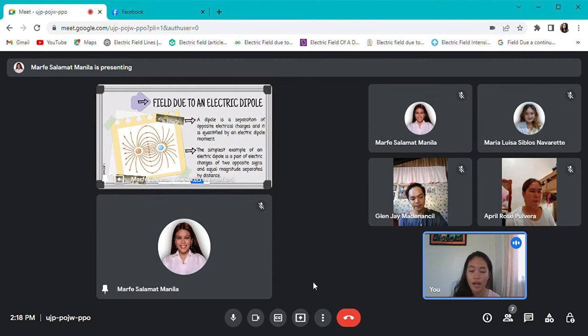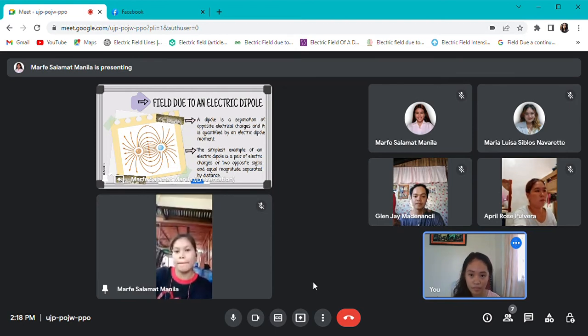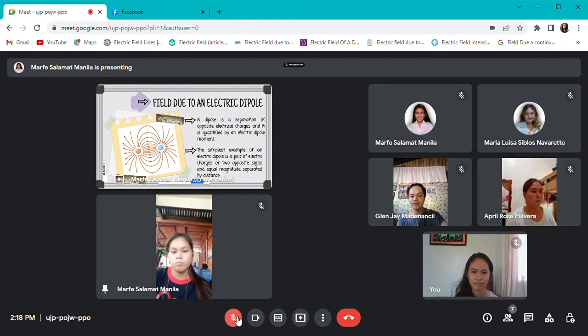So we have this electric positive charge and negative charge. They have a pair, but they have a small distance between them, and I think that's what we call the dipole. Thank you for that.